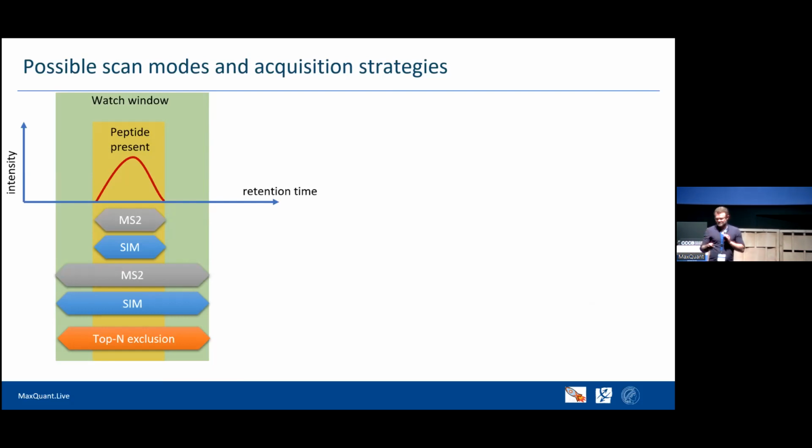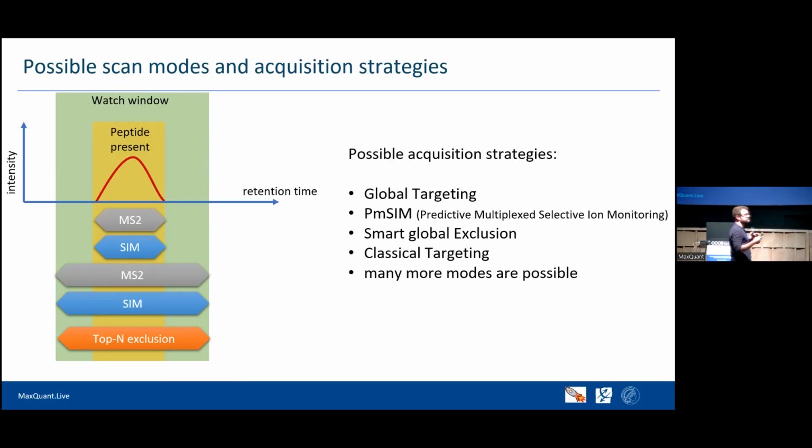Again, many settings which can be combined, and the result is you have several possible acquisition strategies. For example, a strategy called global targeting, which I'm going to talk about now, but you can also do PM-SIM, which is the selective ion monitoring that I described here, where we expect them to be very low on the MS1 level.